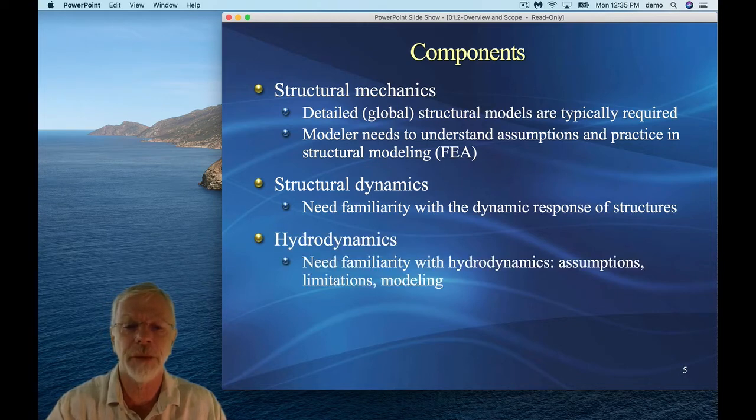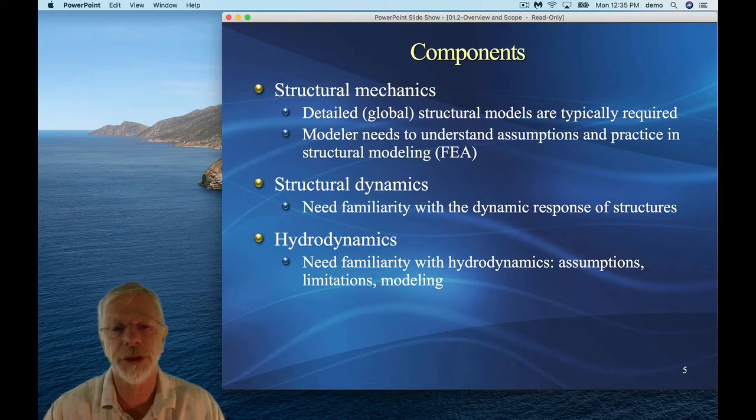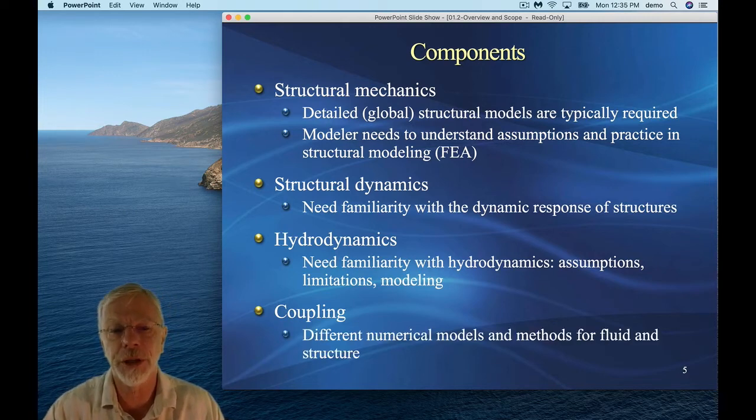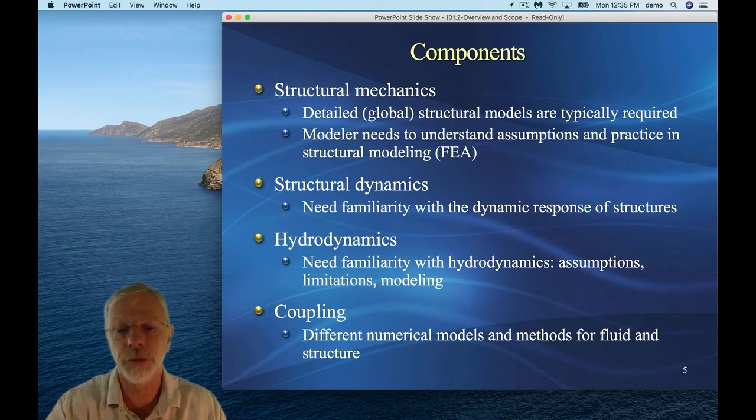And in hydrodynamics, of course, we need to be familiar with the assumptions, limitations, and modeling of the hydrodynamic theory that is being used. And coupling, that's the big issue. Different numerical models are used for the fluid and the structure, and so we need to couple them somehow. And one needs to understand how they're being coupled and the limitations of the coupling methodology.